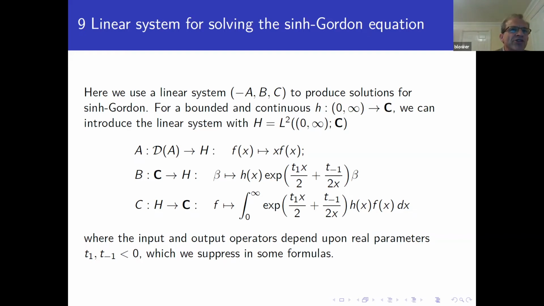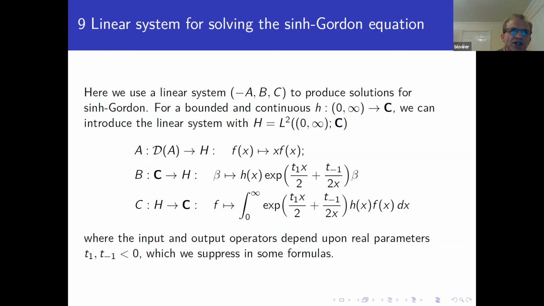But we have a similar setup to what we had in the construction for Howland operators. The operator A is multiplication by x. B is given by multiplying your scalar beta by h times an exponential. Now, this exponential factor is particularly chosen.